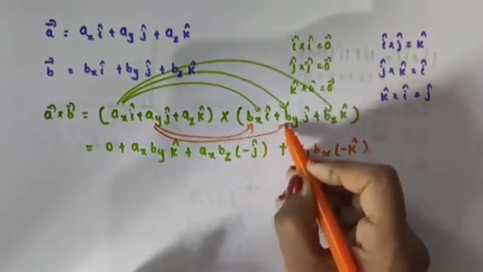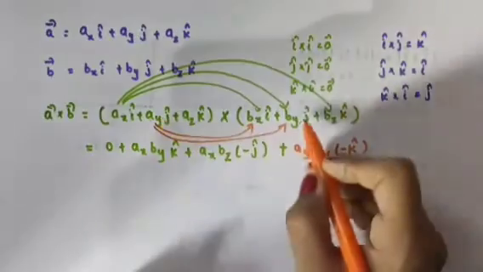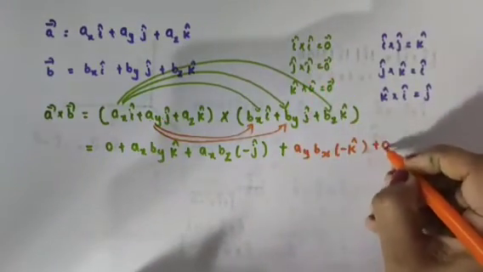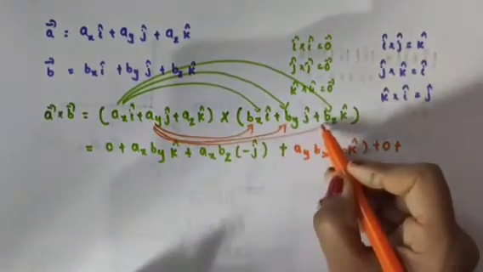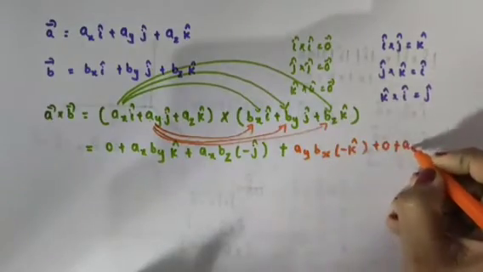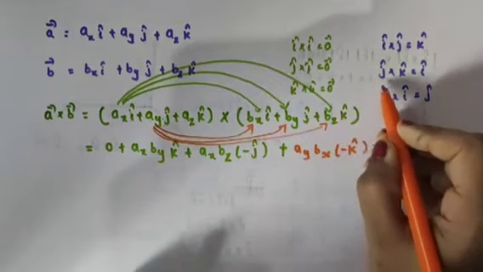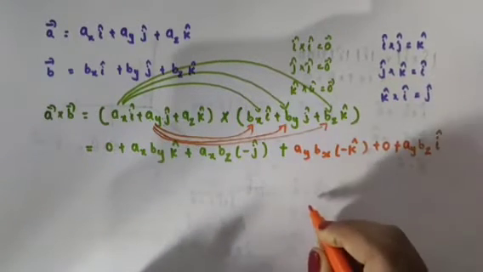Similarly, when we multiply j cross j, it is 0, right? So j cross j is 0. I'll write 0. Now ay j cap into bz k cap, I'll do j cross k. So I'll write ay bz, and j cross k gives i cap. So here I will write i cap.